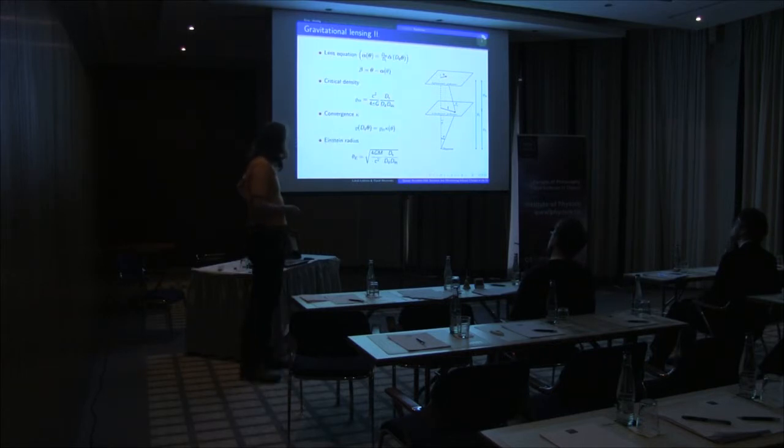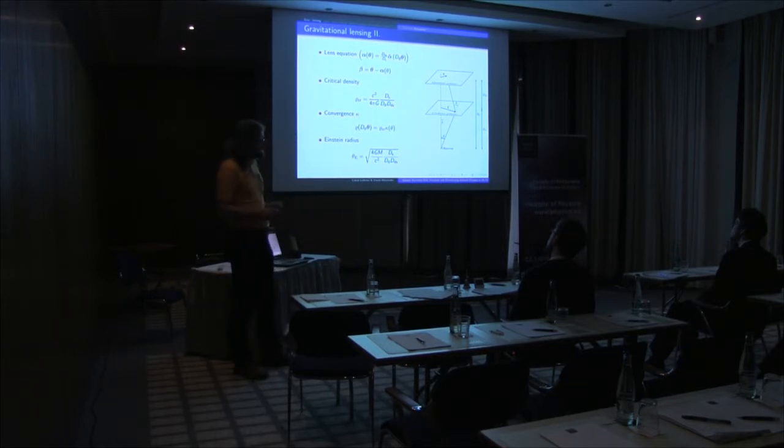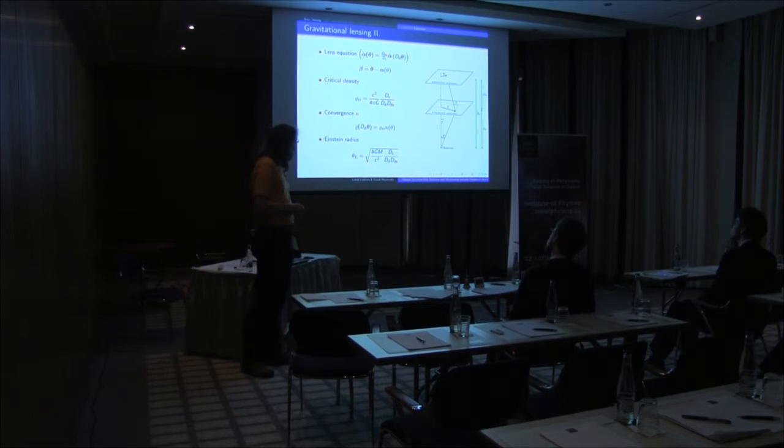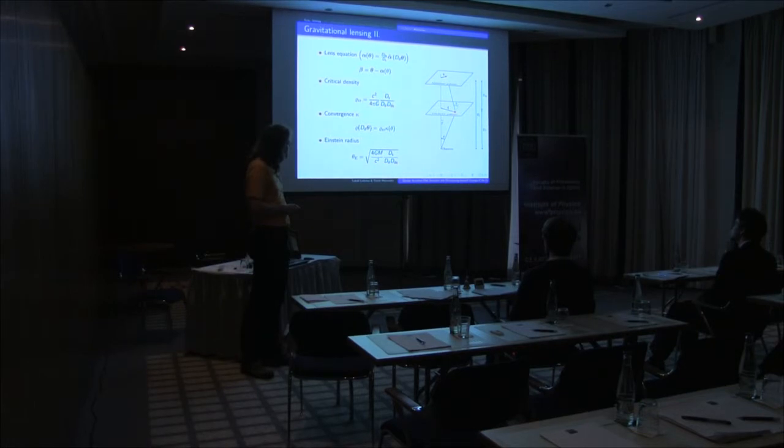Now we can write a lens equation in this simple way, but we have to scale the alpha by this factor, but I haven't said it yet. These distances ds, dds and dd are the angular distances. So if we would like to find the distance between this origin and the origin of the galaxy and the point where we are looking to the star, we simply multiply the angle by the angular distance.